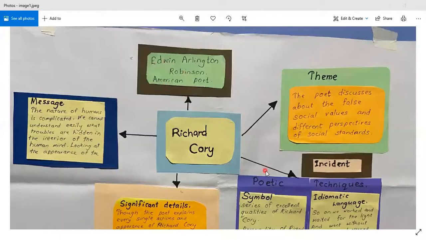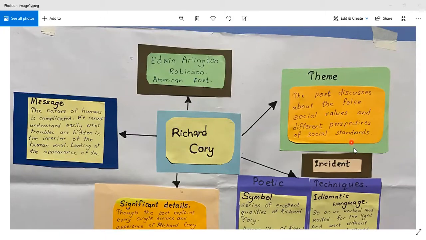So here, the poet is Edwin Arlington Robinson, an American poet. When we come to the theme, we could identify that the poet discusses false social values and different perspectives of social standards.